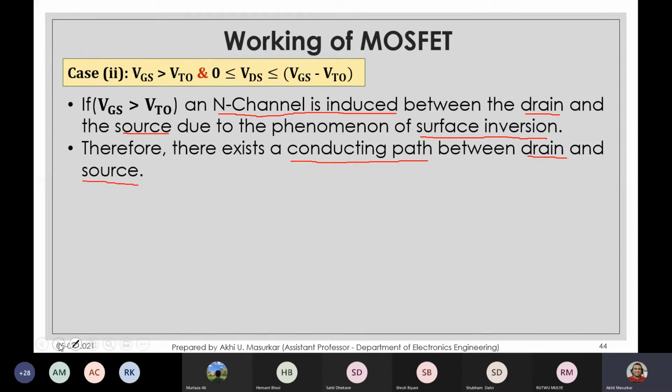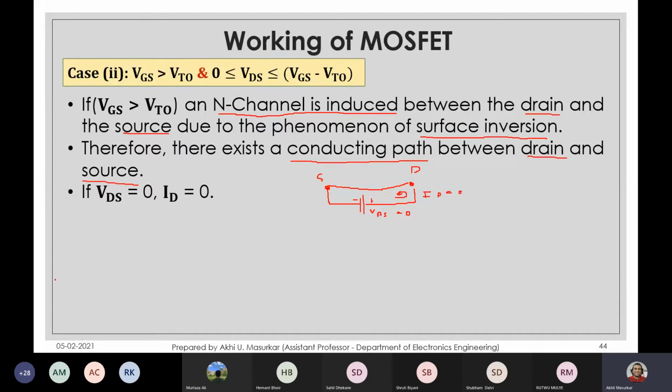If there is a conducting path, then if VDS is 0, naturally ID is 0. That means I have 2 points, drain and source, and I am connecting a voltage across this, and the value of this voltage is 0. Then how much is the current that will flow? ID will also be 0.